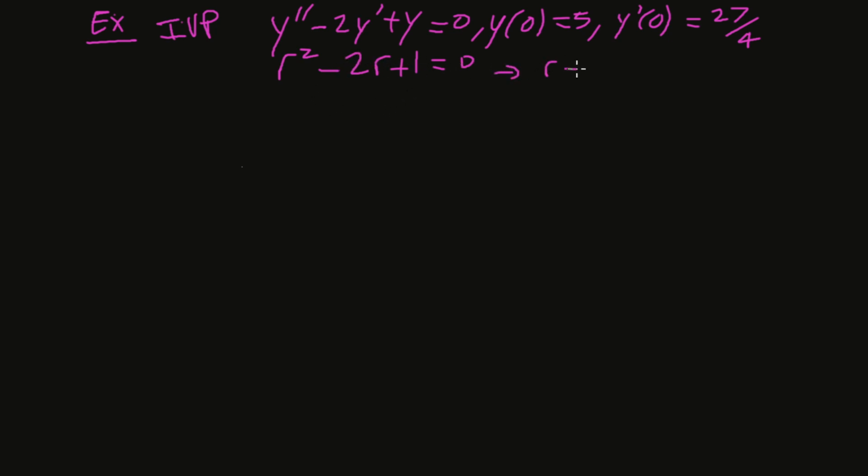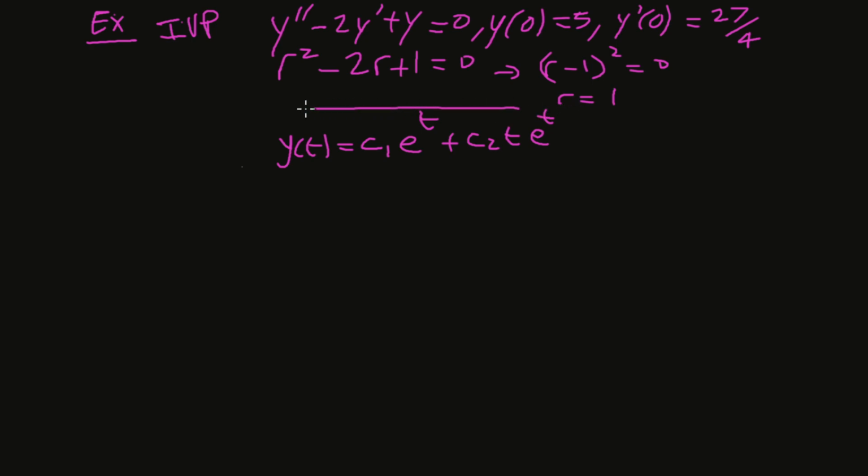It's a perfect square. Means we have a repeated root. And the setup for its form or general solution is we use C2 times t e to t, which is the r. Yeah, so even though it's repeated root, the idea will run the same.